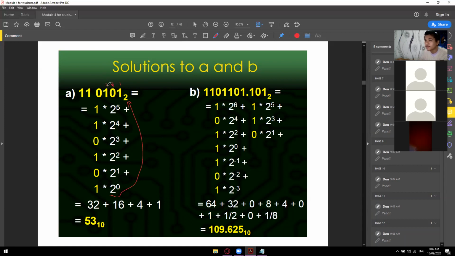Oops. 0 pala to. 0, 1, 2, 3, 4, 5. Yan. So this one, 1 is raised to 0, 0 is raised to 1, 1 is raised to 2, 0 is raised to 3, 1 is raised to 4, and then 1 is raised to 5. Okay? So, ganoon lang naman siya kasimple.